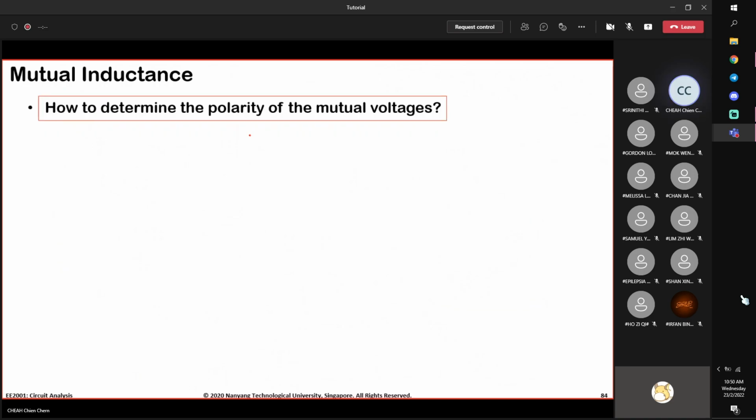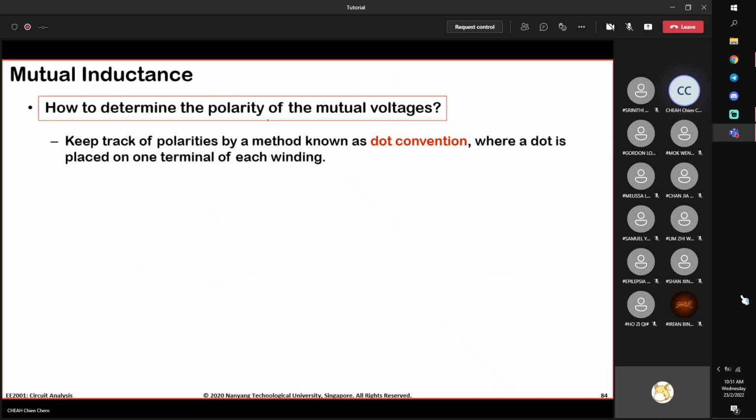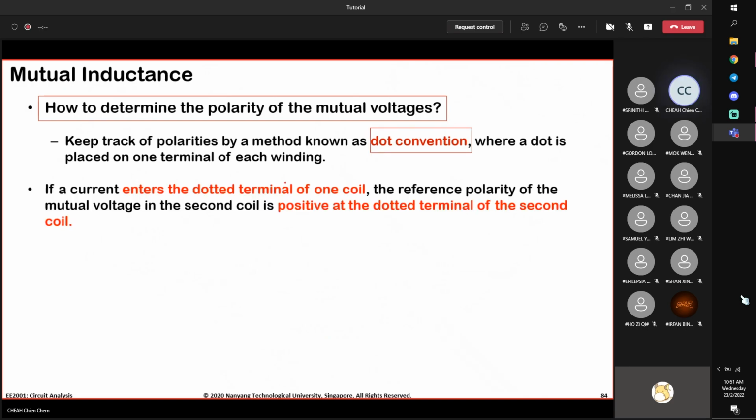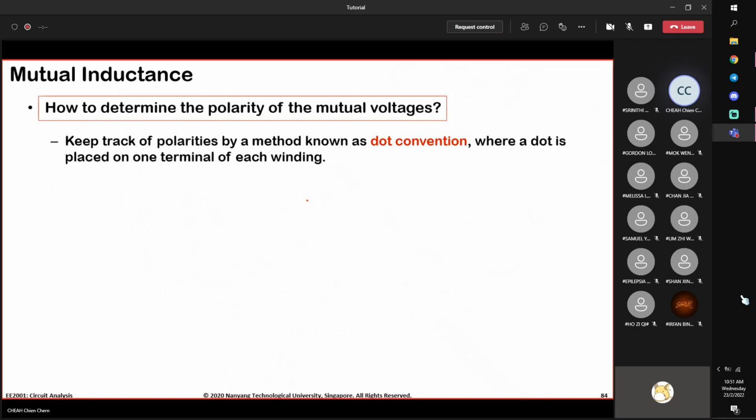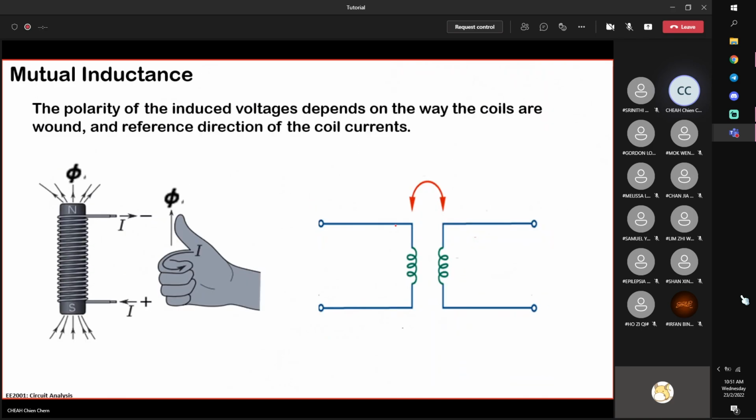This comes with the dot convention, which basically helps us determine the polarity of the induced voltage, the mutual voltage. It is something standardized, called the dot convention. It is actually very simple, only this sentence: if a current enters the dot terminal of one coil, there are two coils, remember? Two coils.